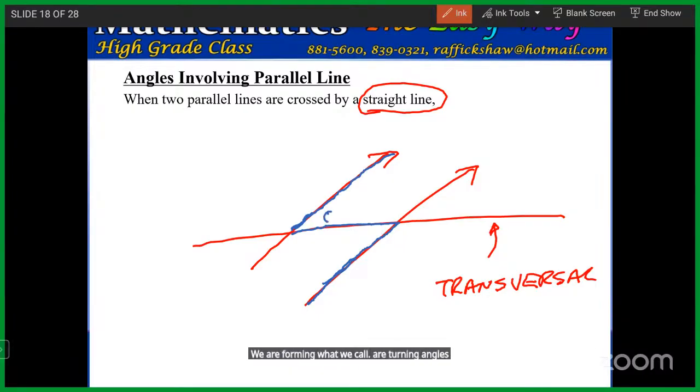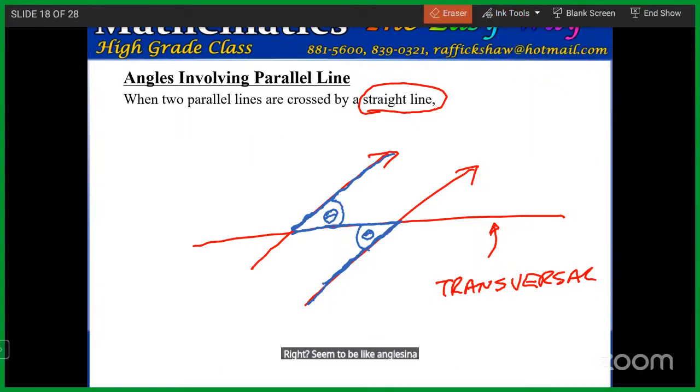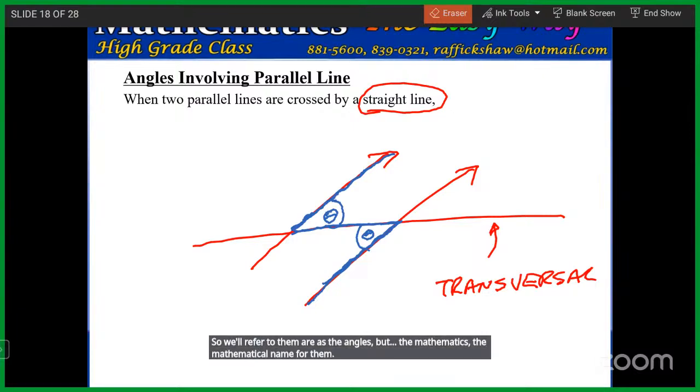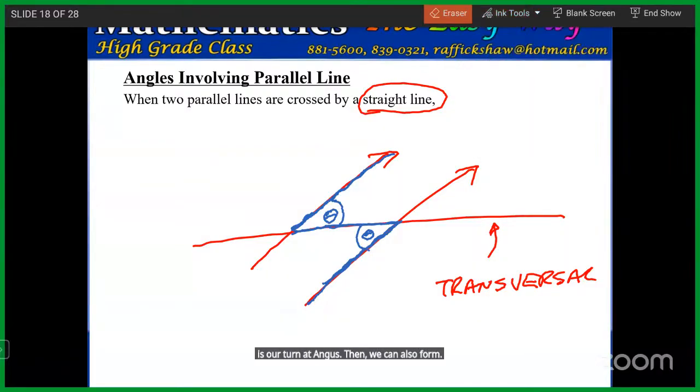So this angle inside here and this angle over here are like angles in this blue Z. They are called alternate angles, or the simple term Z angles, because they seem like angles in a Z. We refer to them all as Z angles, but the mathematical name for them is alternate angles. Then we can also form what we call co-interior angles. Examples of co-interior angles are this. Let me do this one for you.